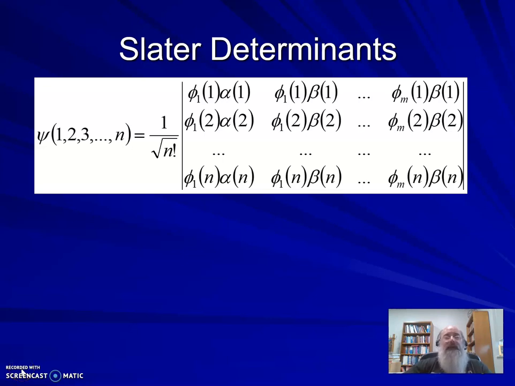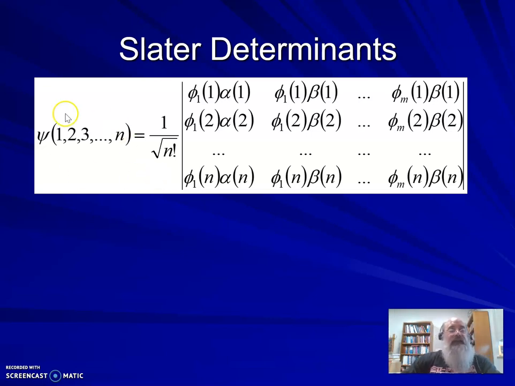Now let's say, for example, that I want you to develop a Slater determinant for lithium or some other larger atom, which I will on the homework that I'm about to assign.